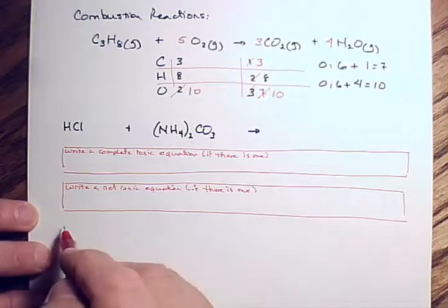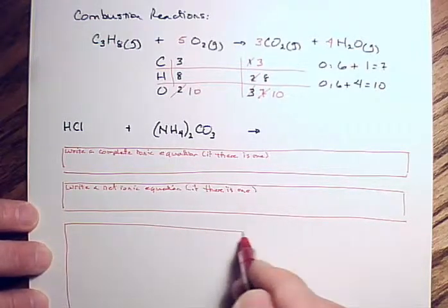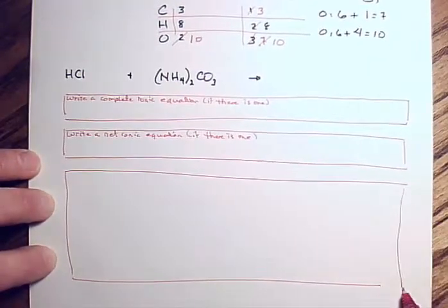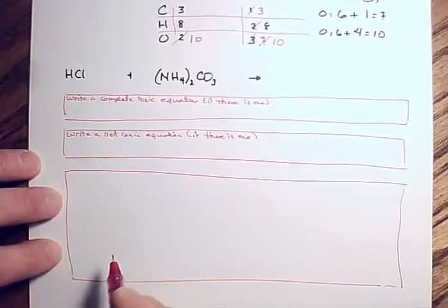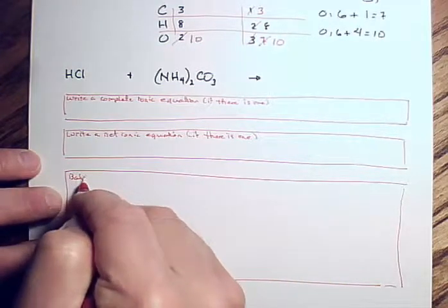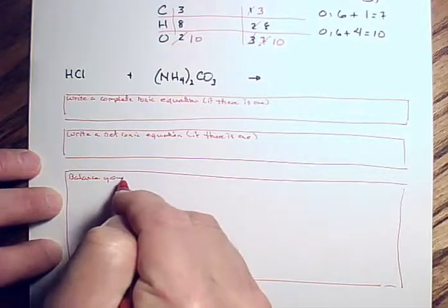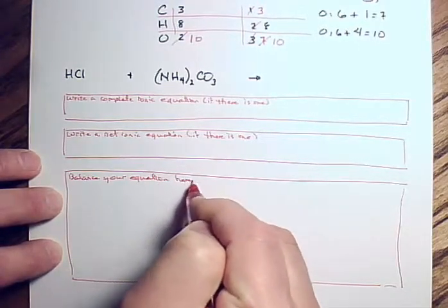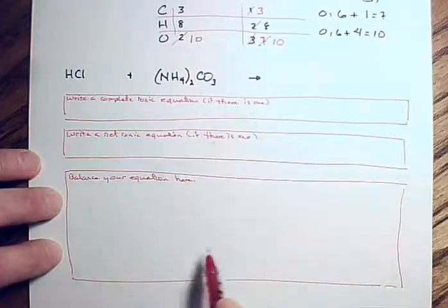All right, and then I want you to show me your work for balancing the equation down here like this. I want to see the balanced equation up here, but I want to see your work down here.